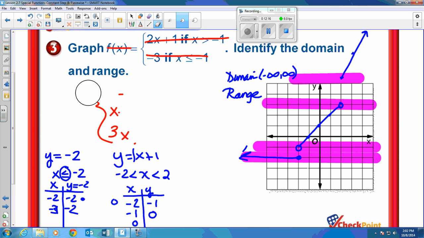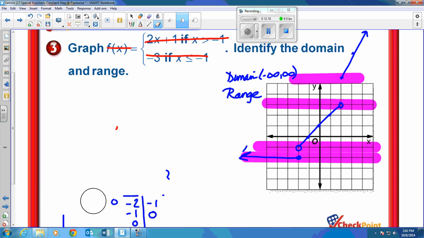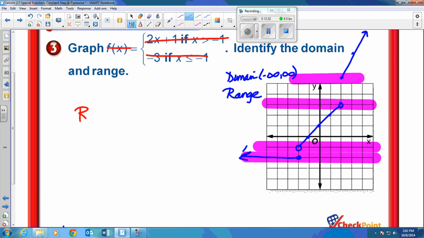So if I'm looking at this graph trying to figure out the range of the graph, my lowest y value is what? Negative 2. So I know y equals negative 2. Then I jump and I start from here at negative 1 and I go up to here at 3. So then I say y is greater than negative 1, less than 3, because those are open circles.